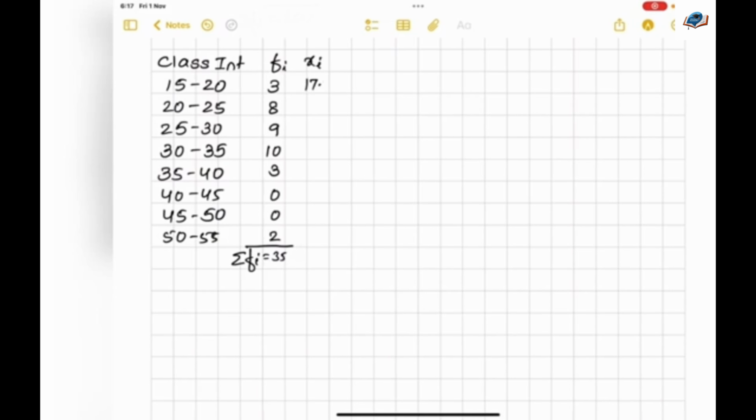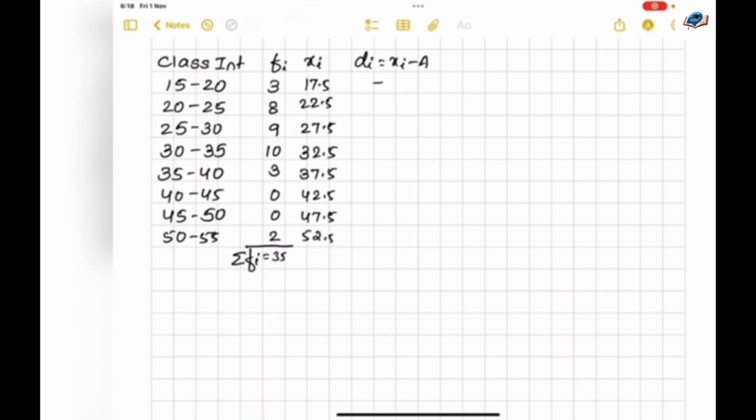So, xi will be 17.5, then 22.5, 27.5, 32.5, 37.5, 42.5, 47.5, and 52.5.